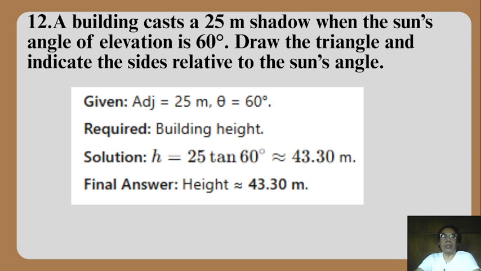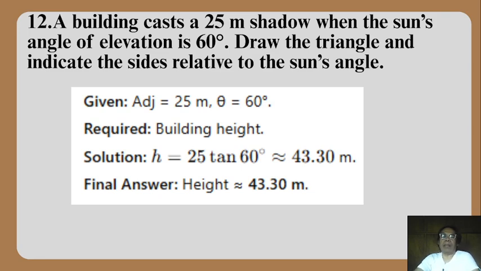And so using the formula for tangent, h is equal to adjacent multiplied by the tangent of theta. Substitute now the value of adjacent 25 meters and the value of theta 60 degrees.